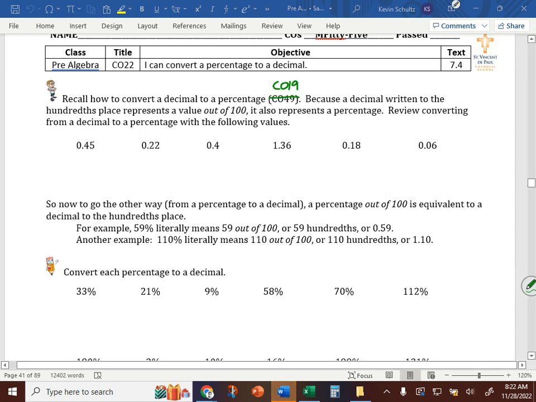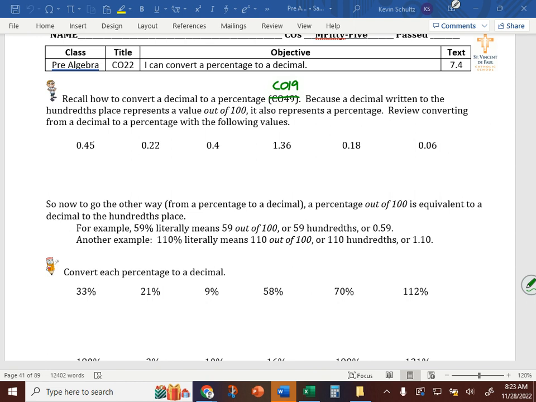Fire my editor. Okay. And the reason why we're doing this is because it's the exact opposite of what we just did, isn't it? It says recall how to convert a decimal to a percentage. Because a decimal written to the hundredths place represents a value out of 100, it also represents a percentage. Review converting from decimal to percentage with the following values. So this is like CO19 right here.